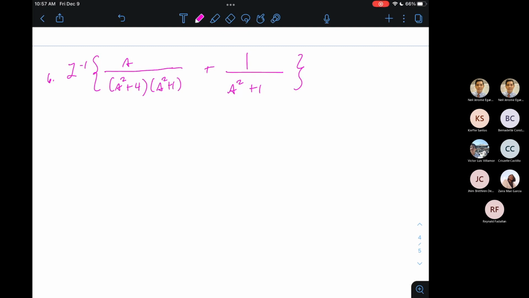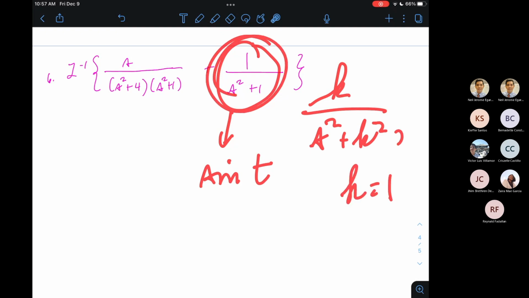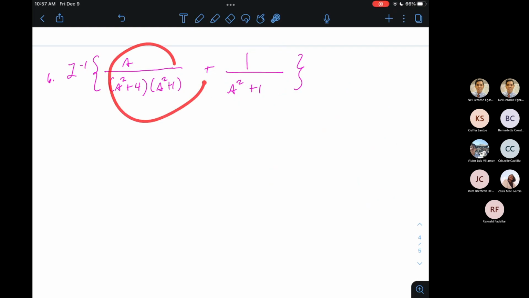I guess we don't have any problem with the last term, because the inverse Laplace transform of 1 over s squared plus 1 is sine of t, right? This is k over s squared plus k squared where k is equal to 1. So the last term is just sine t. The big problem is here in the first term.